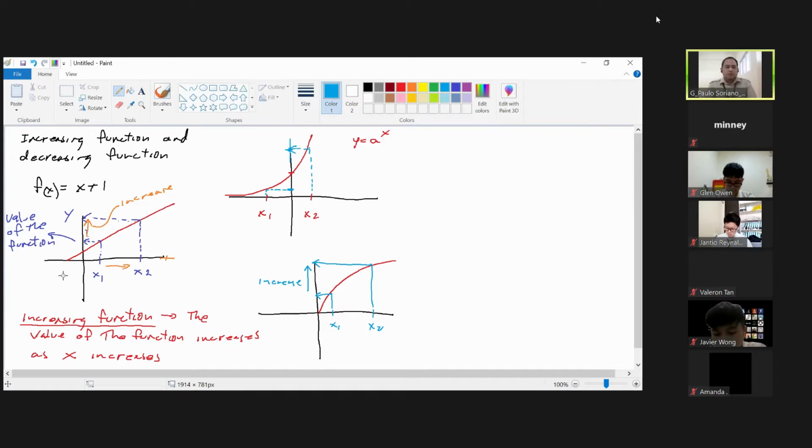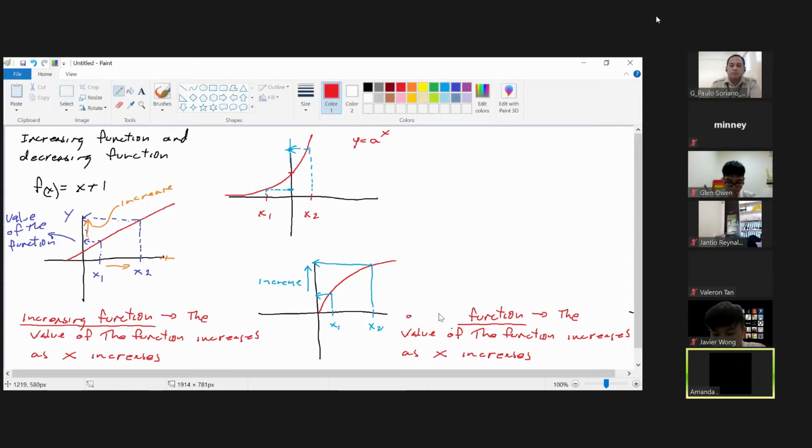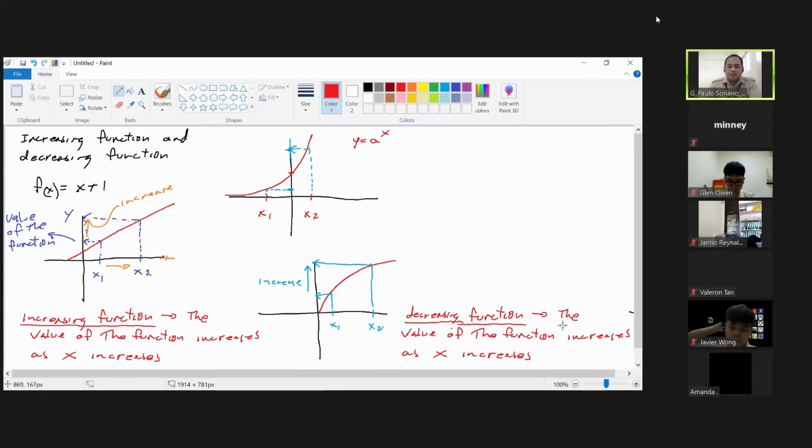For the decreasing function, I'm going to copy this because I'm a bit lazy today. Okay, place it there. So instead of an increasing function, we also have something called a decreasing function. What's a decreasing function? The value of the function will decrease.